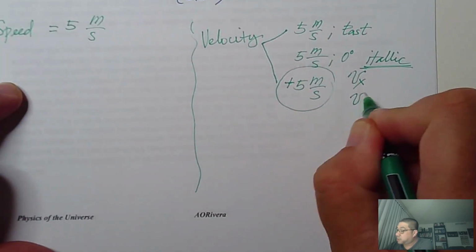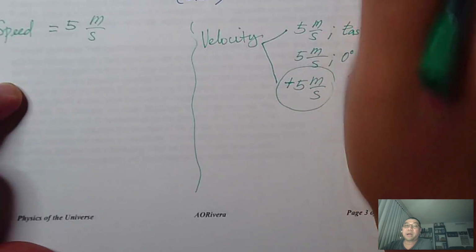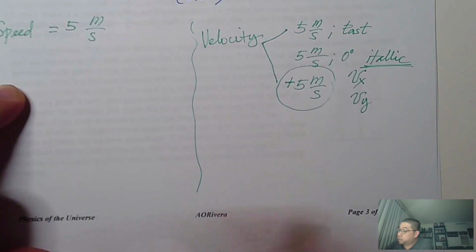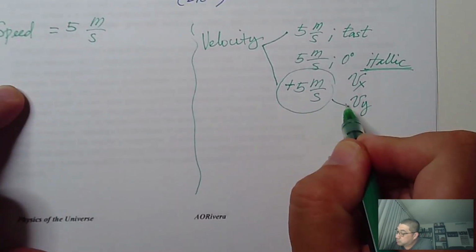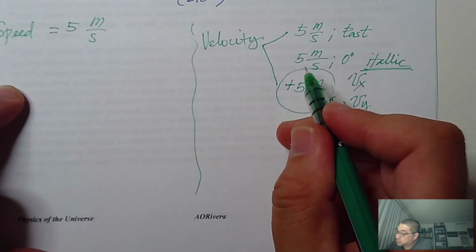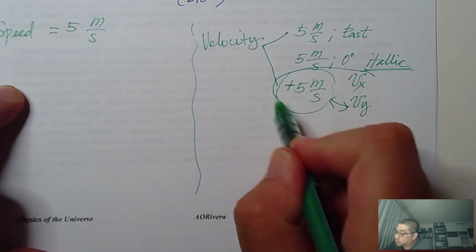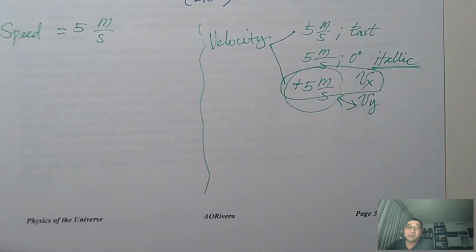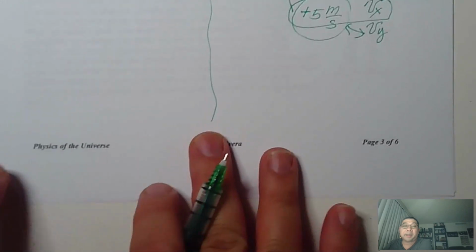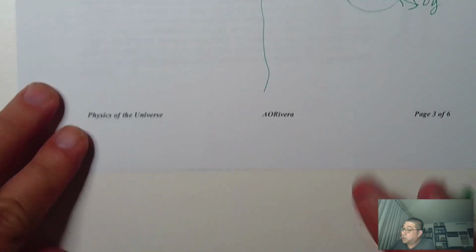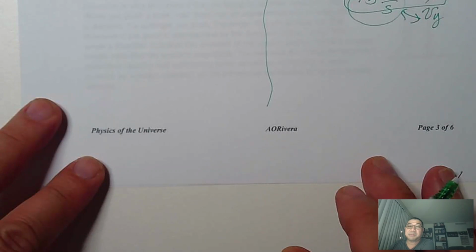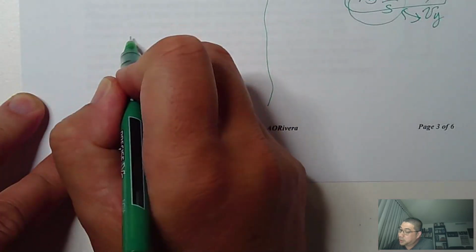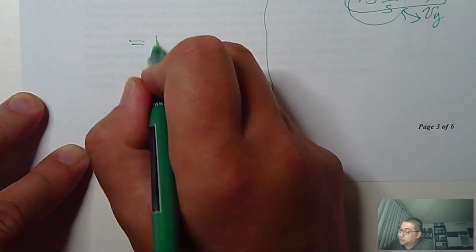And then for the vertical axis, vertical motion going upward, that's the y-axis, so that's V sub y. So if you specify that this is V sub y, it means it's going up. However, if we're talking about V sub x instead of V sub y, then it means it's going to the right. Okay. Velocity.